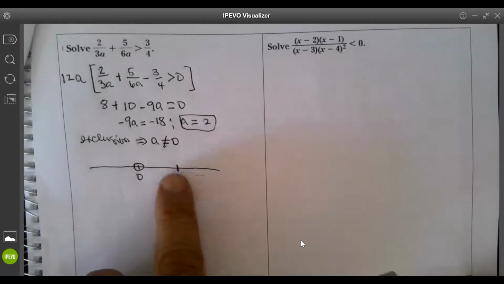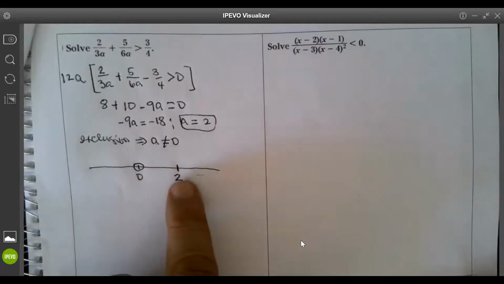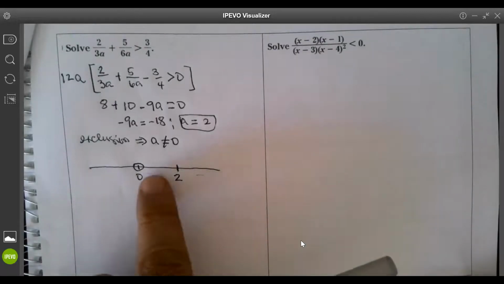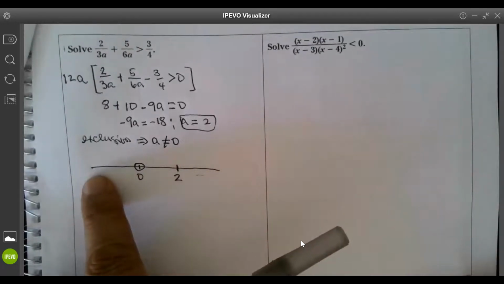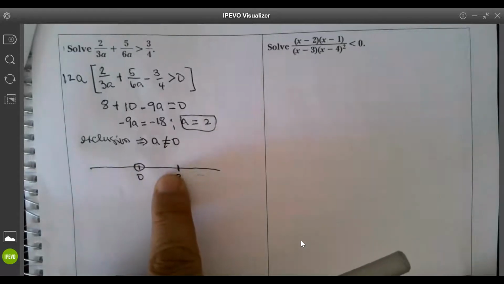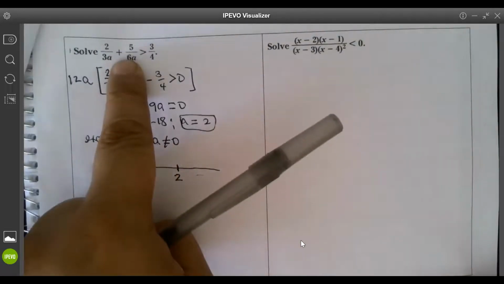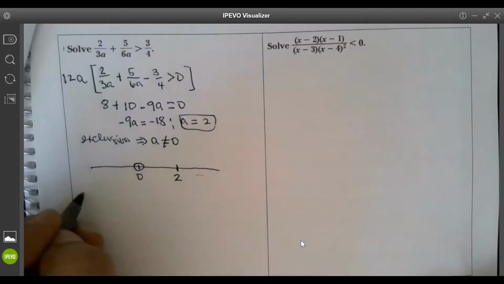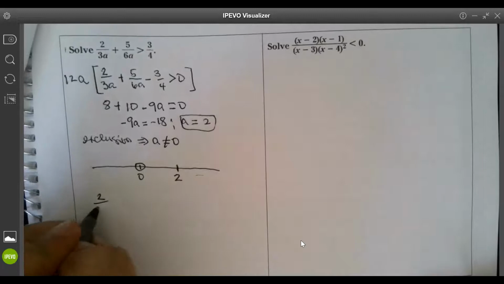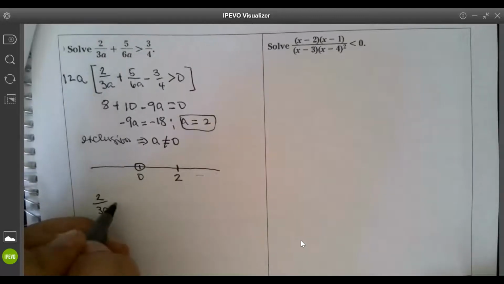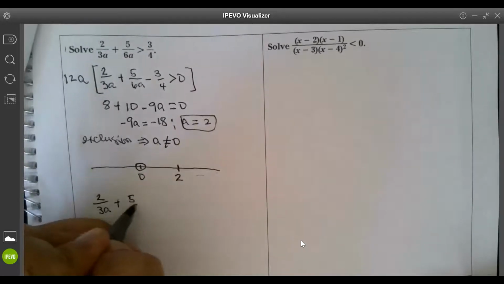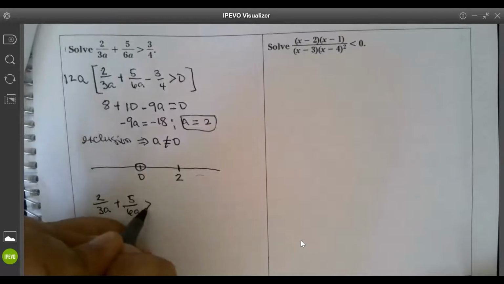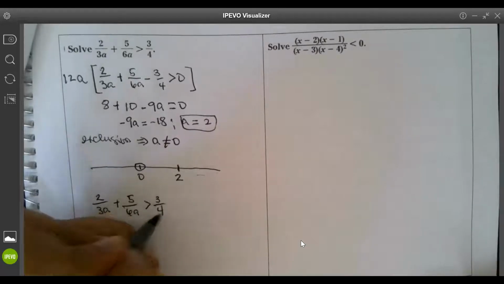You call this the case method, or interval method. We're going to test these intervals wherein the given inequality will fit. The given inequality is 2 over 3A plus 5 over 6A is greater than 3 over 4.